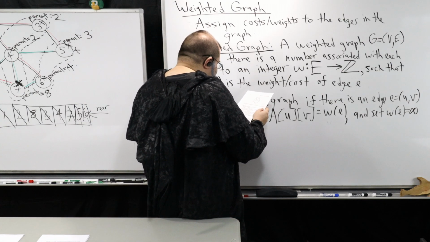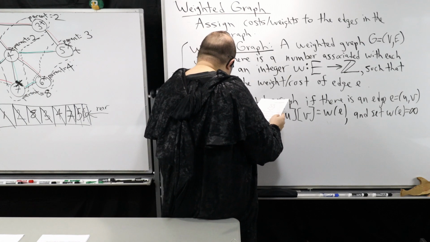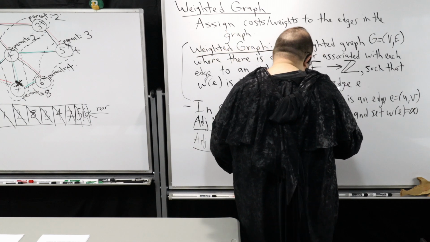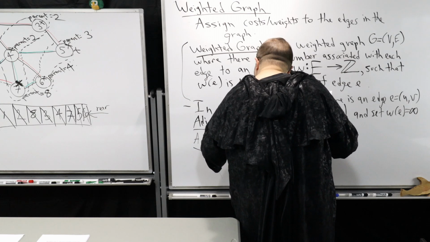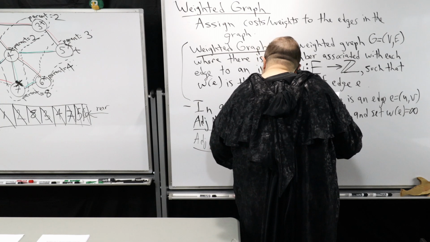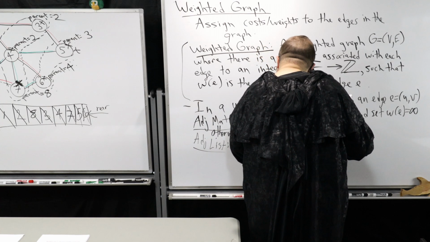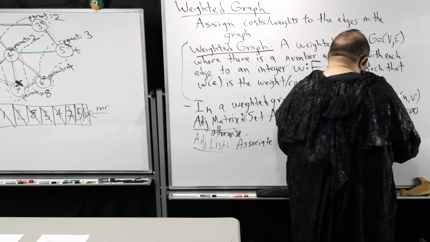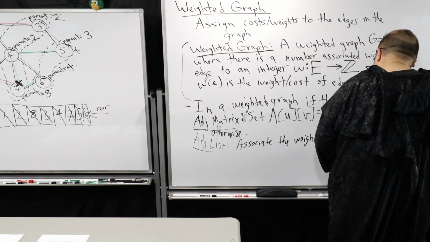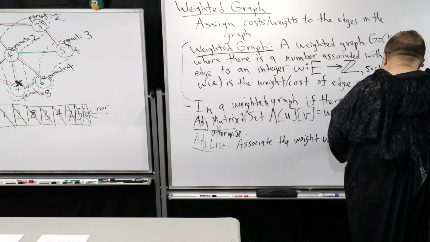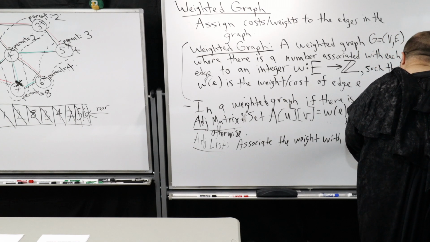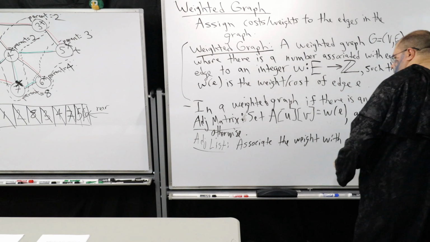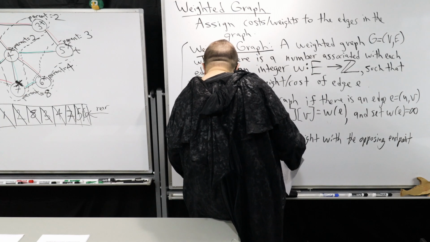For an adjacency list, you associate the weight with the opposing endpoint of the edge.